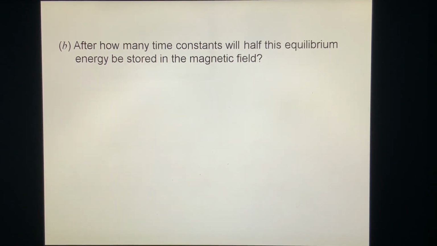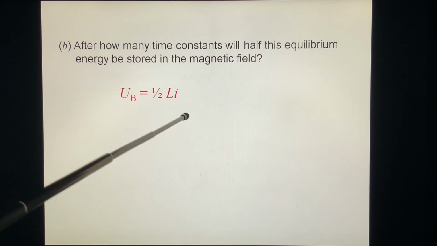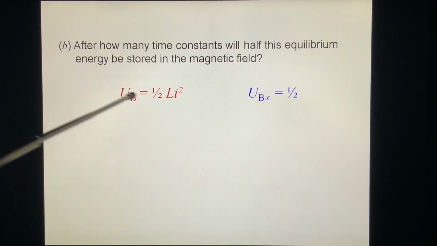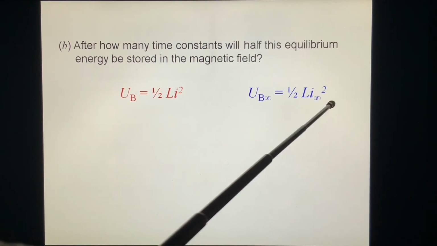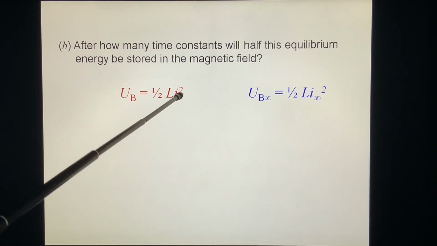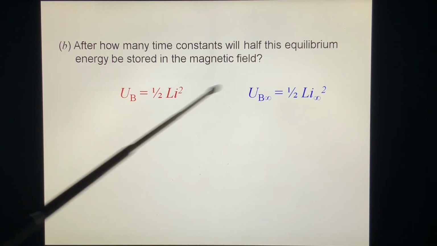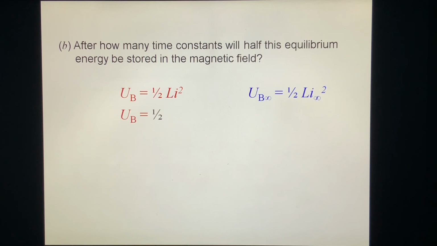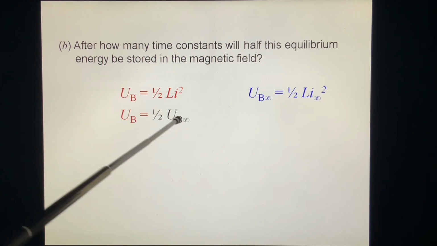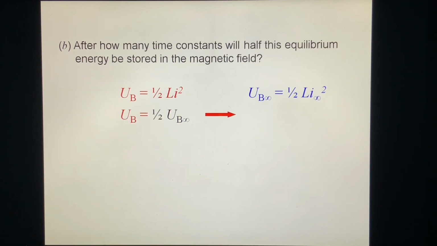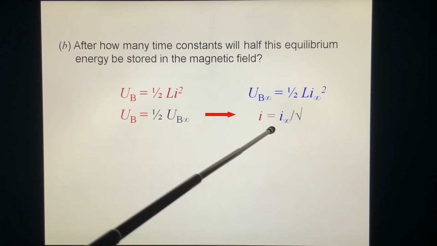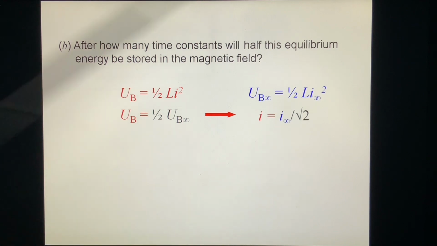This is the final energy, and I want to find how much time will make this one equal to half of it. So what we find is the current I equals I infinity over square root of 2.